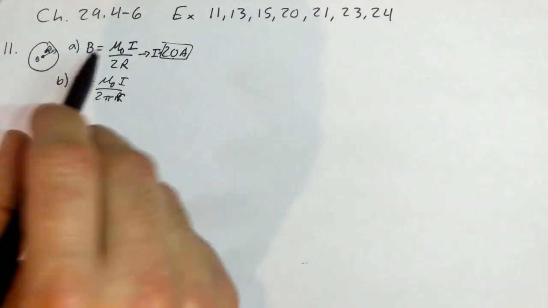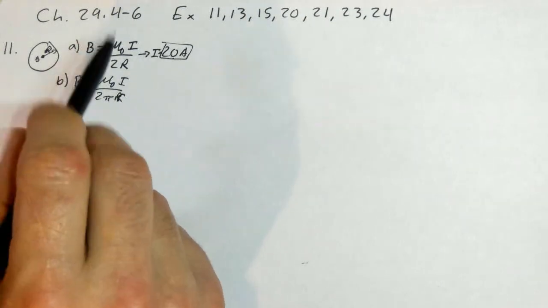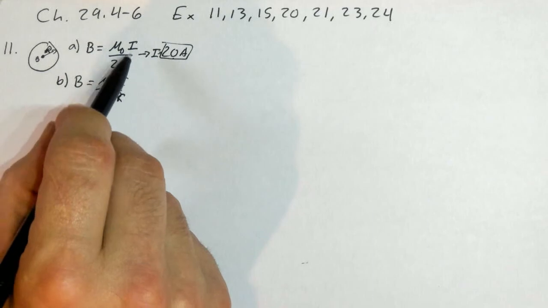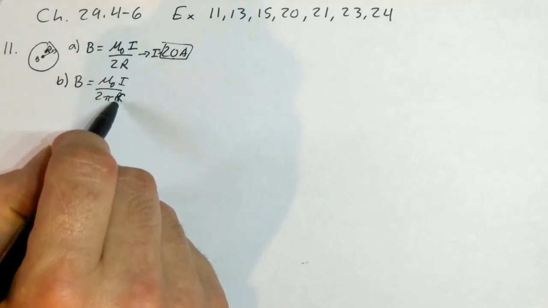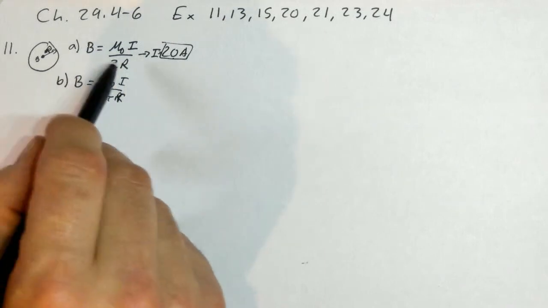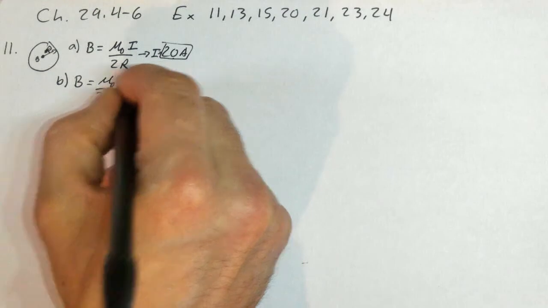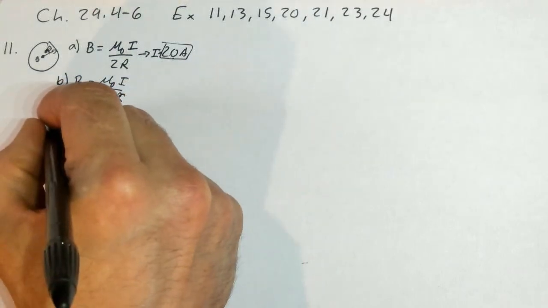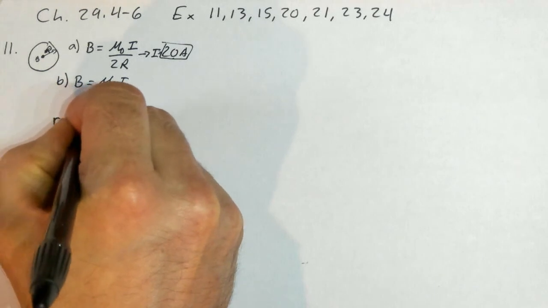Okay, so this B is the same B as this one, and this I is the same I as this one. So the question is, what is this R? If we divide these two equations, we end up with an equation that says this distance is big R divided by pi.